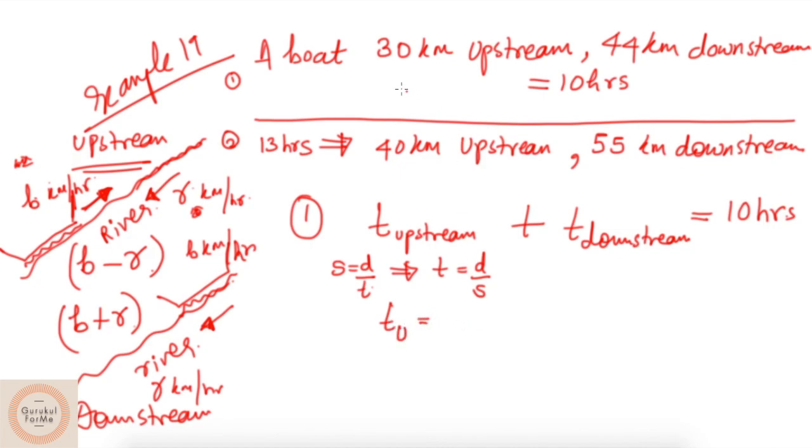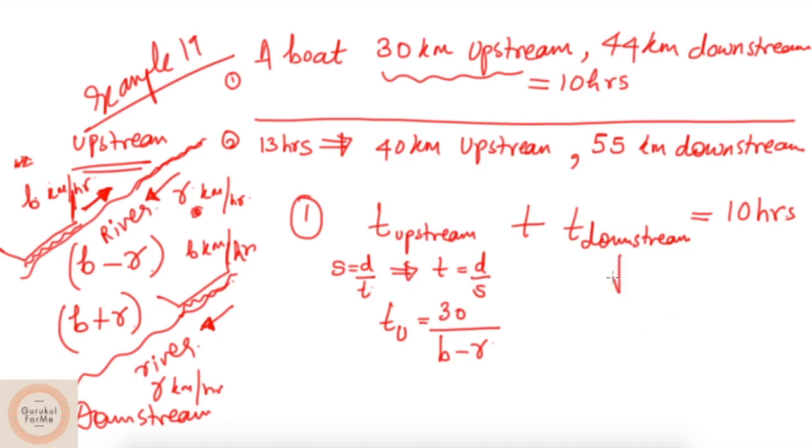What is the distance it travels? 30 kilometers. That is 30 divided by the speed at which it goes upstream. I told you, B minus R.